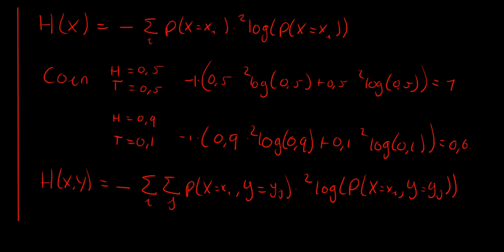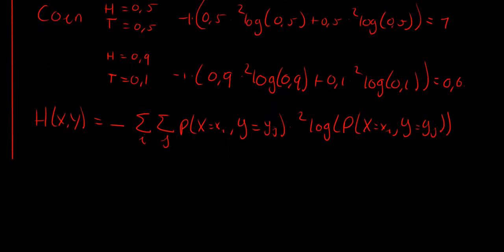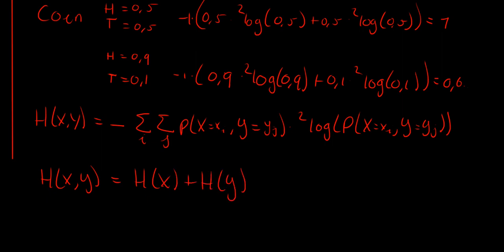And remember, with this also comes independence, meaning that if we have a joint entropy, this is equal to both entropies added, and they are added because we're looking at logarithms, and adding logarithms is the same as multiplying what's inside with each other.